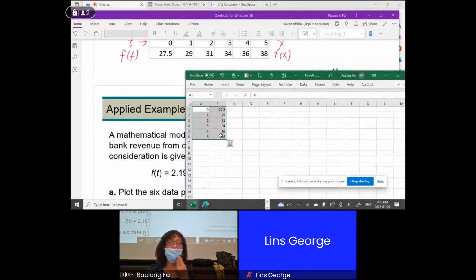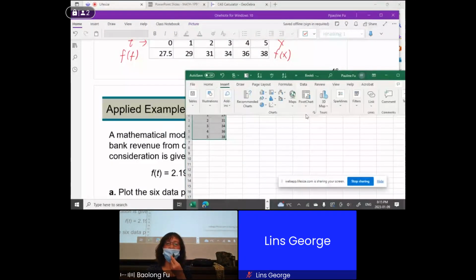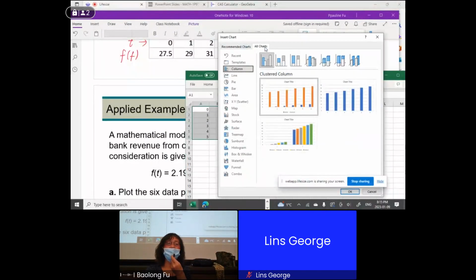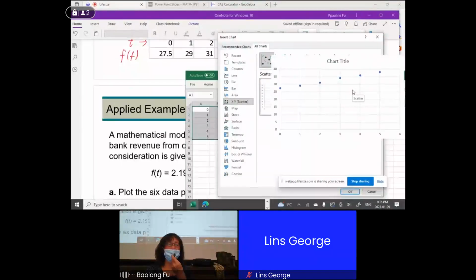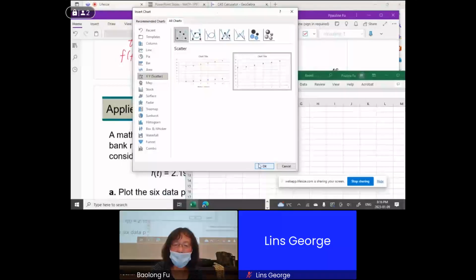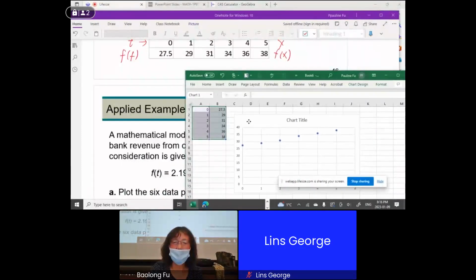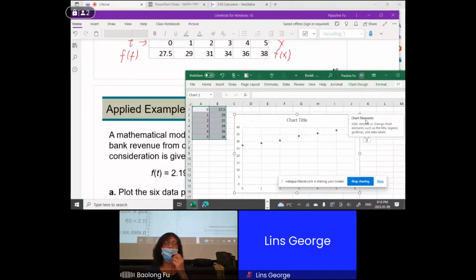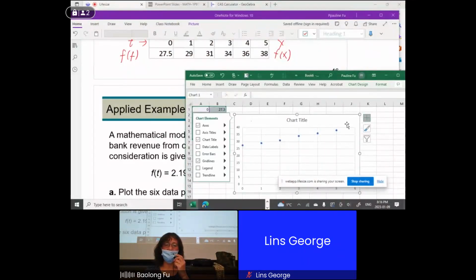You select this data range first, then go to Insert, Chart, All Charts, Scatter Plot. So pick this one here, and click OK. After you click the OK button, you go to the chart elements. Click this button, chart elements, and then check the trend line.